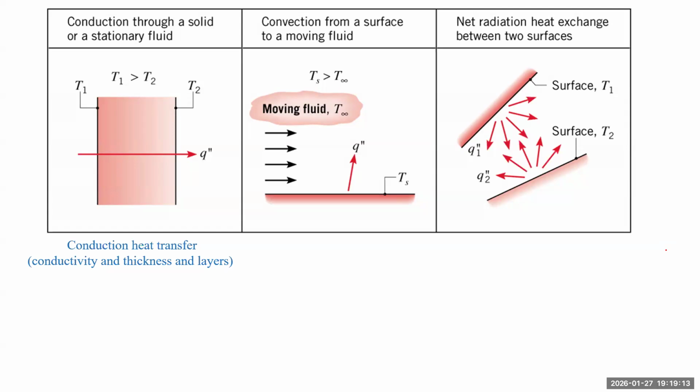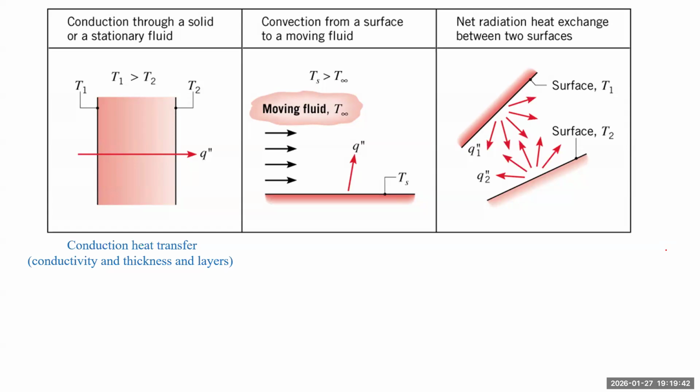now I would like to introduce heat flow, the heat flow through the building envelope. We have to understand this. At high school, you have learned there are three modes of heat transfer: conduction heat transfer, convection heat transfer, and radiation heat transfer.